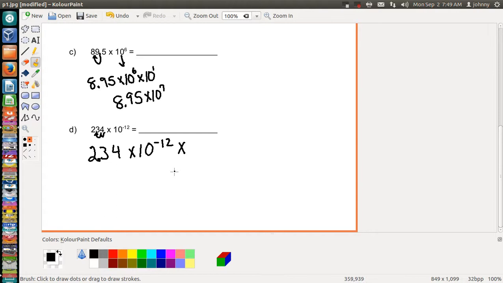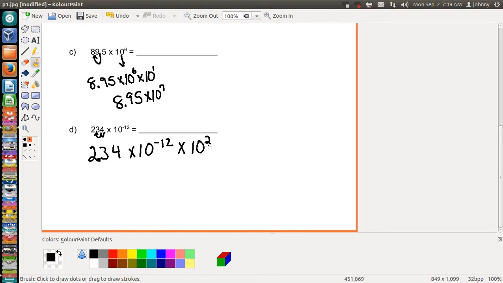So what we're going to do is we're going to hit times 10. Now, is this going to be to the negative 2 or is this going to be to the positive 2? Now look at the number again. It was 234 and we've made it the number 2.34. Okay, that is basically scaling it by powers of 10 twice. So we're going to say that that's a positive 2.